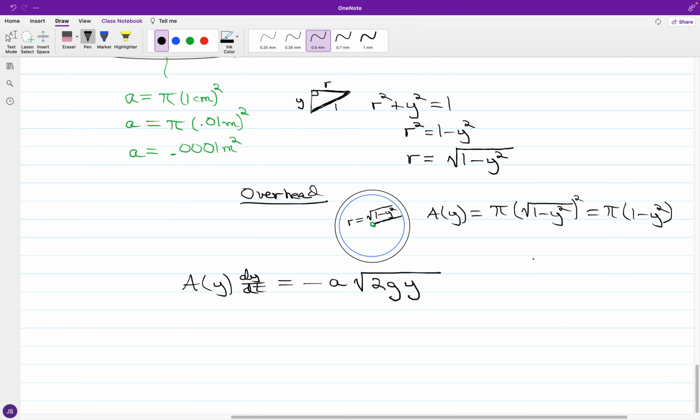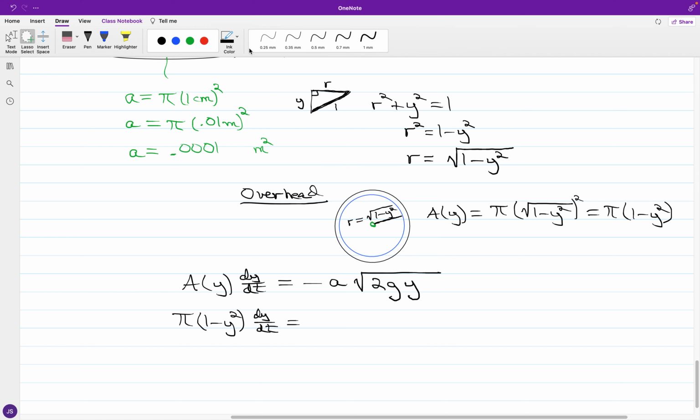So looking at what we have here, we've got the cross-sectional area: pi times the quantity of 1 minus y squared, again dy over dt. In the case of the cross-sectional area, again you have pi times the quantity of 1 minus y squared.